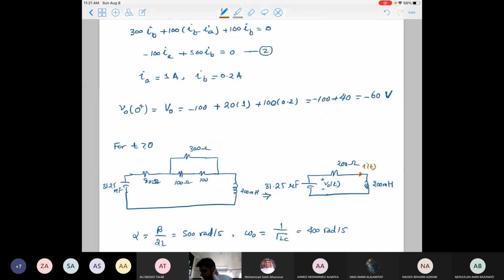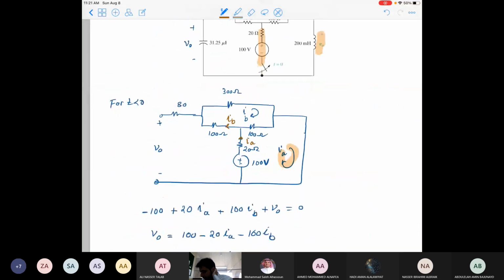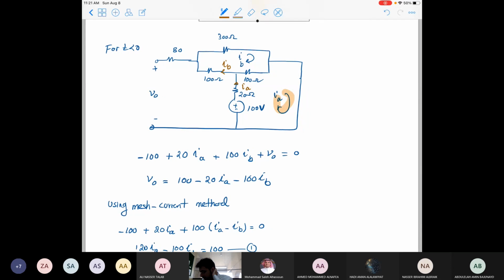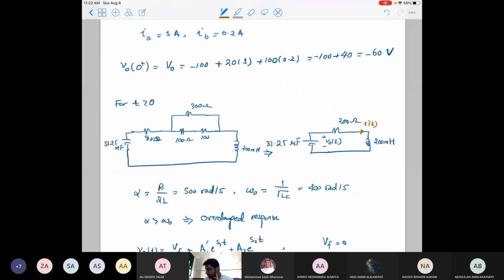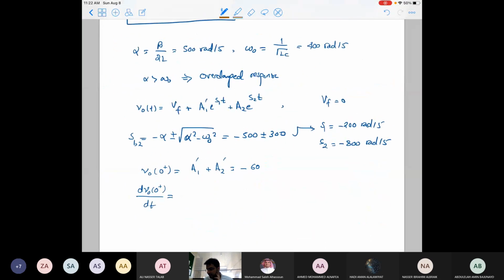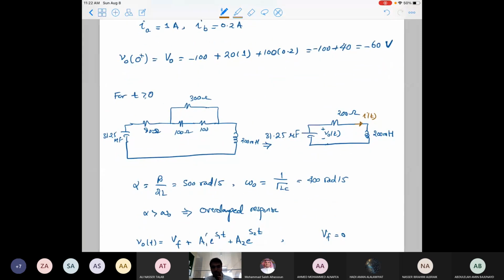From the initial conditions, the initial value of the current is going to be IA, because this is the same as the mesh current IA. So the initial value of the current across the inductor is going to be IA, which is 1 ampere.